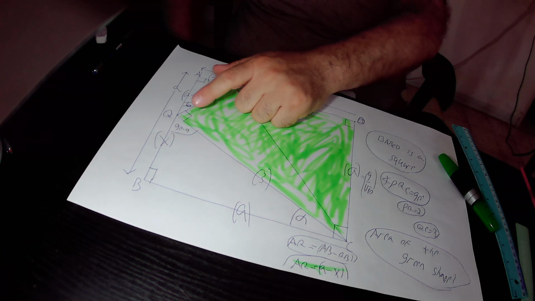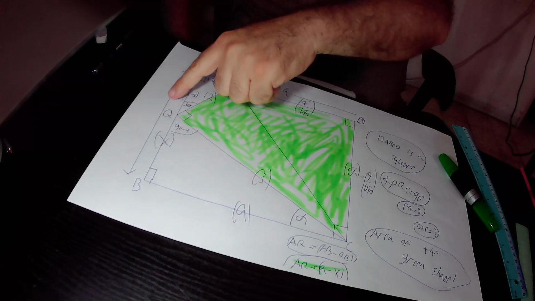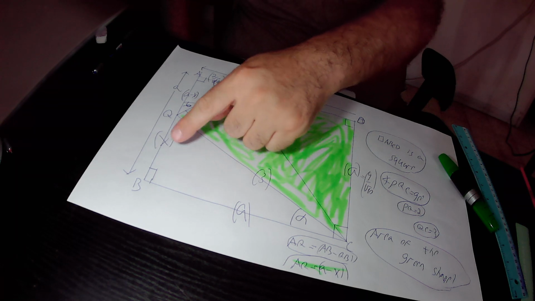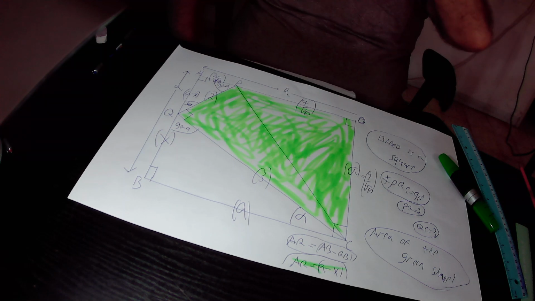So what is the length of AQ? AQ equals AB, this is A, minus QB, this is X. So in total, AQ equals A minus X.